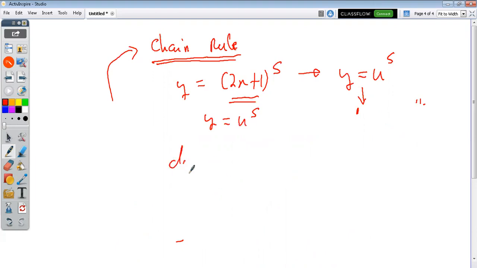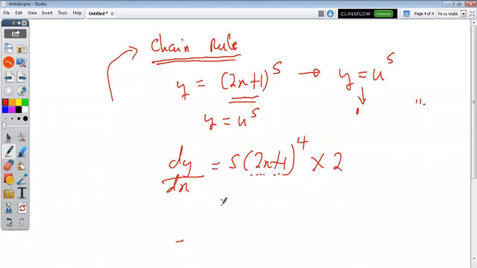To differentiate this straight away, you drop the 5 in front of the bracket, your (2x plus 1). Then you reduce the power by 1. It becomes 4. Most students end up there, but then this answer will be wrong. You always multiply by the differential of what's inside the brackets. The differential of what's inside the bracket is 2. Therefore, we get 10 (2x plus 1) to the power of 4.